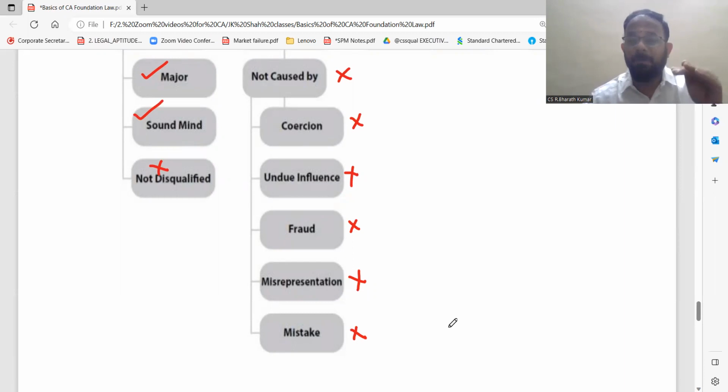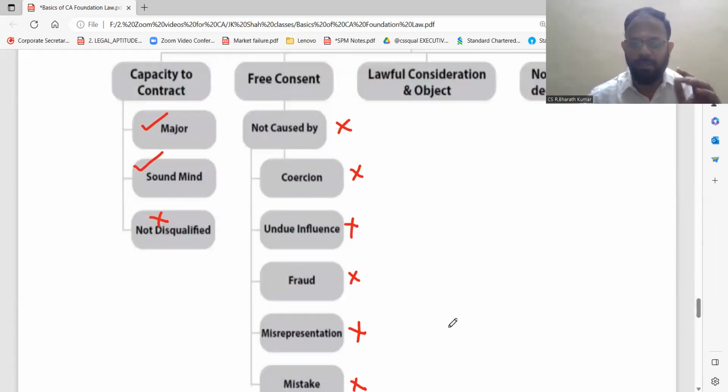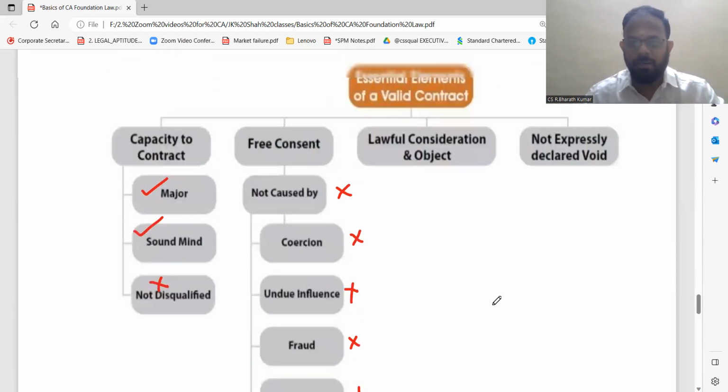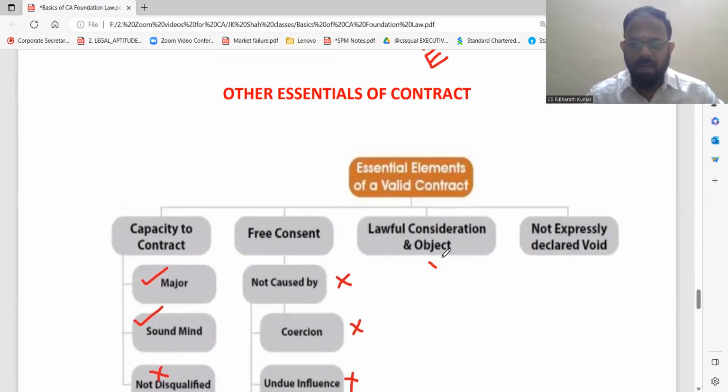Now, there is a purpose why I wanted to give a cross here. If it is very normal, if I give a tick, it is not going to disturb you. But I'm saying a negative term. If I put a cross, you will always keep in your head that it is not normally used in the terms of contract. Lawful consideration, I'll give a tick. Lawful object, I'll give a tick. Void agreement, I give a cross because it's a negative aspect.